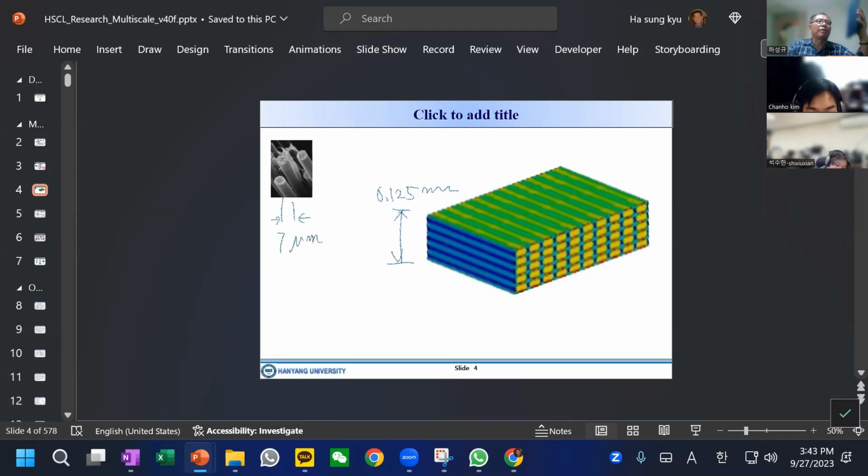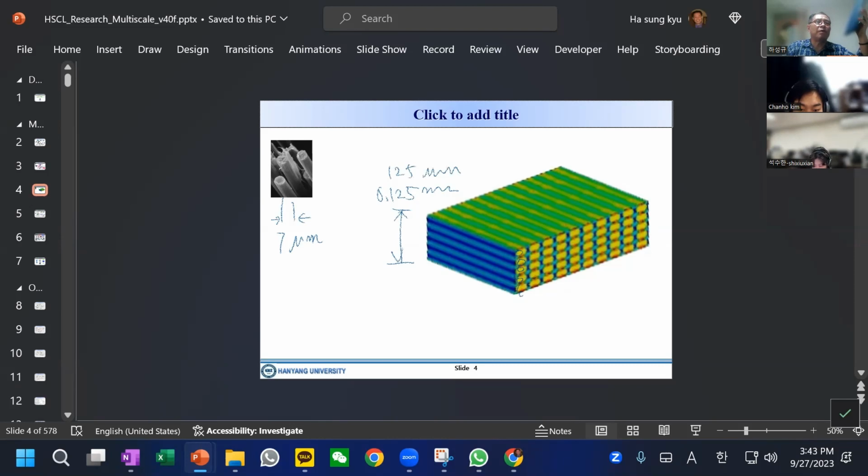Now, we would like to understand how many fibers through the thickness. So this is simply 125 micrometers.